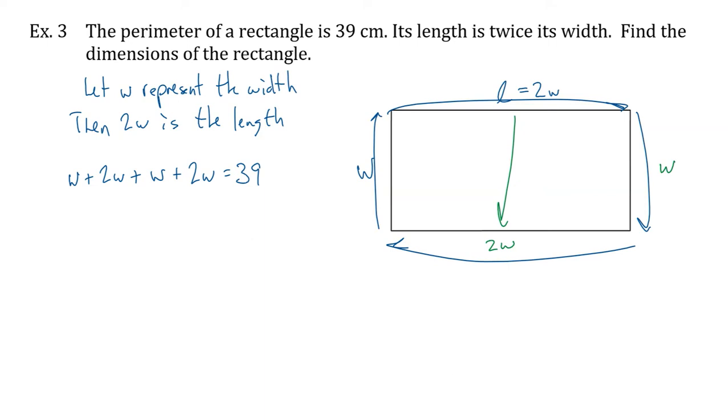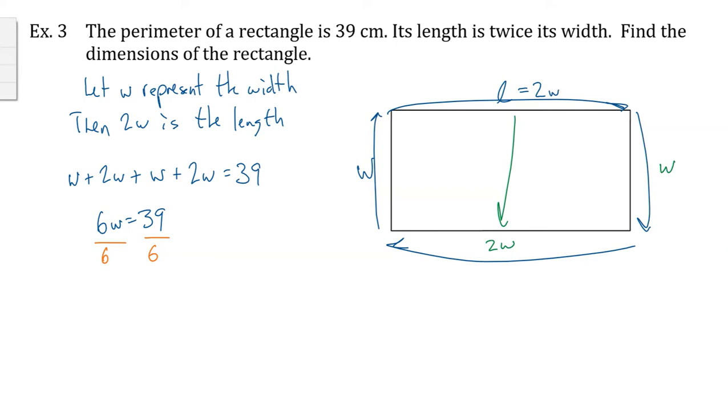One W plus 2W is 3, plus another one is, plus 2 more is 6. Divide both sides by 6.